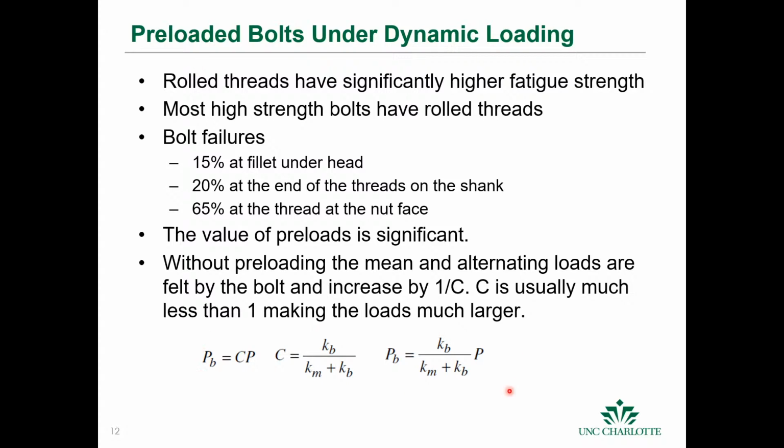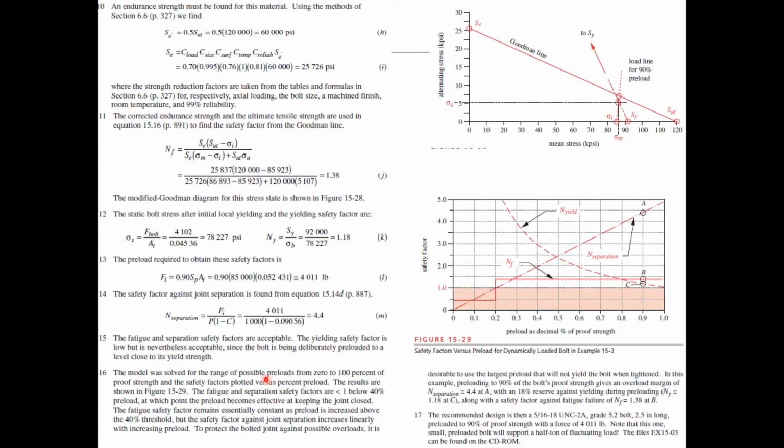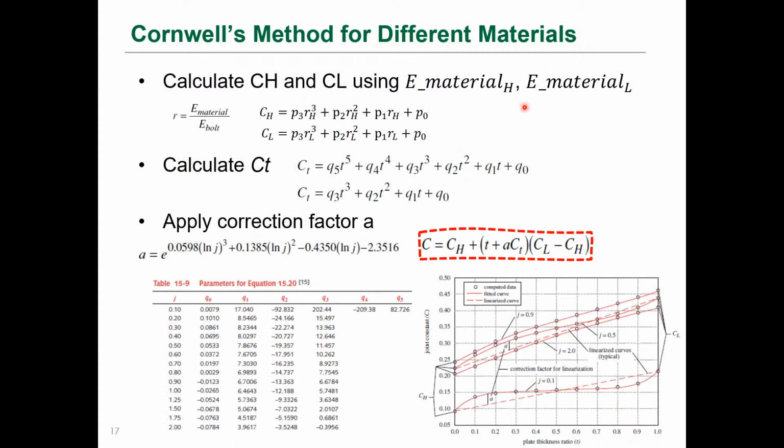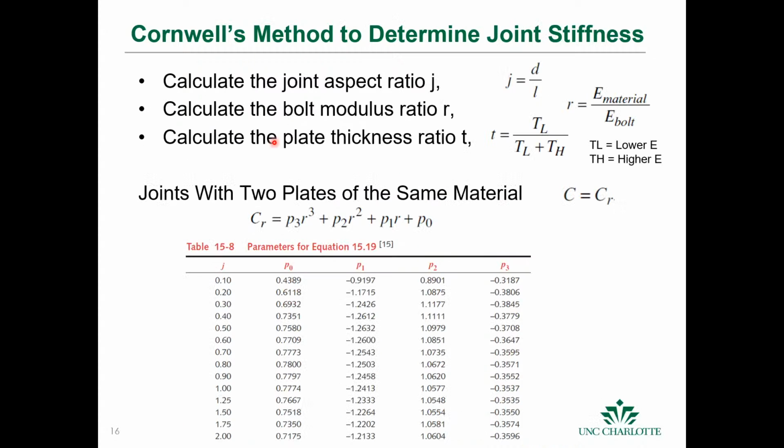Okay, so what we're talking about is the case where we have two different materials that have long plates, and we're trying to find the effective stiffnesses. Instead of calculating the areas, we use the thickness ratio, the modulus of elasticity, the joint and the joint aspect ratio to get those values. Okay, and these equations here, this CH and the CL, they're computed using this equation here.